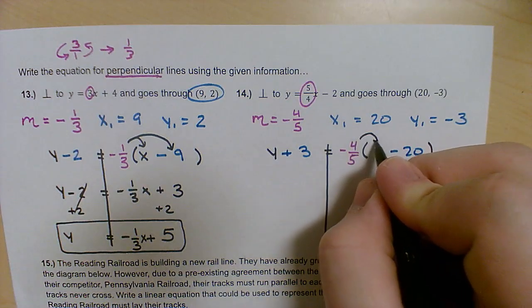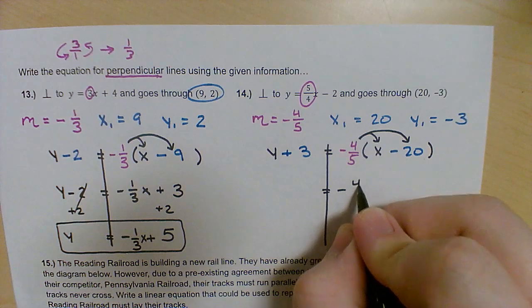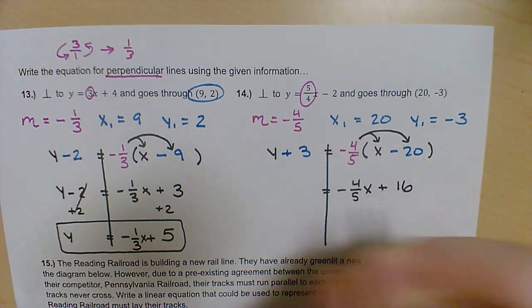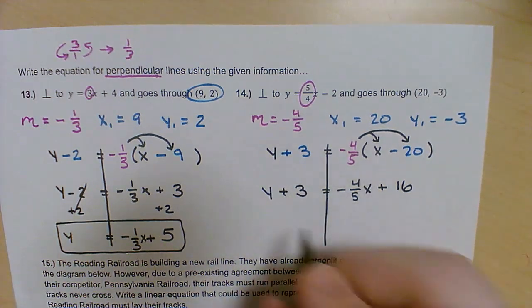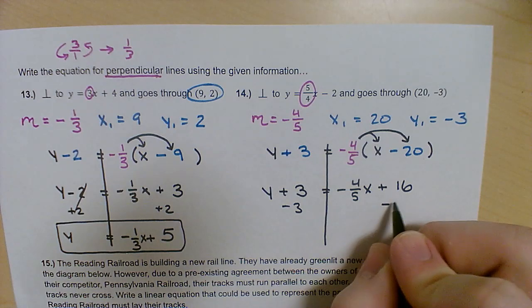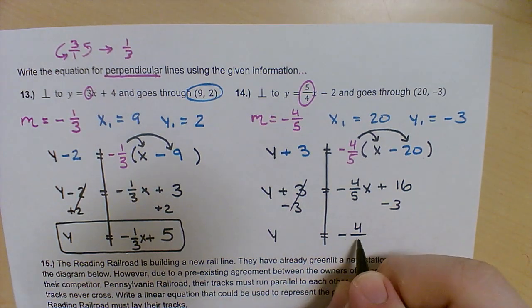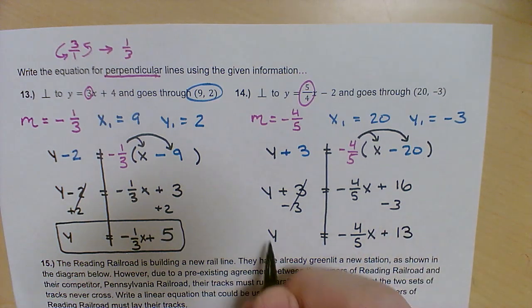Negative 4/5 times X, negative 4/5 times negative 20, gives you negative 4/5 X plus 16. And then subtract 3 from both sides. 16 minus 3 is 13.